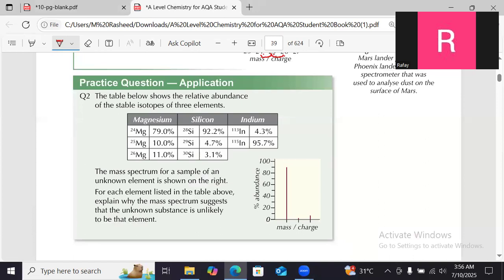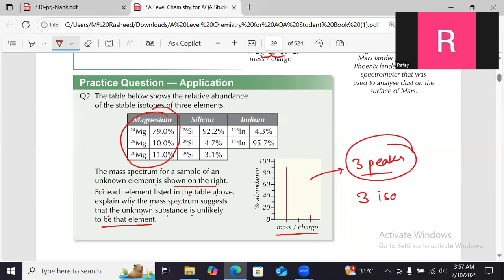The table below shows the relative abundance of the stable isotopes of three elements. The mass spectrum for a single sample of an unknown element is shown on the right. For each element listed in the table, explain why the mass spectrum suggests that the unknown substance is unlikely to be that element. For magnesium, in this mass spectrum you can see there are three peaks, right? Three peaks means this element has three isotopes.